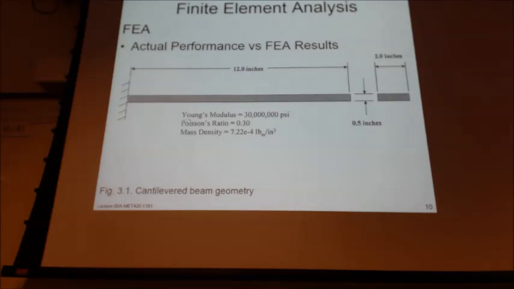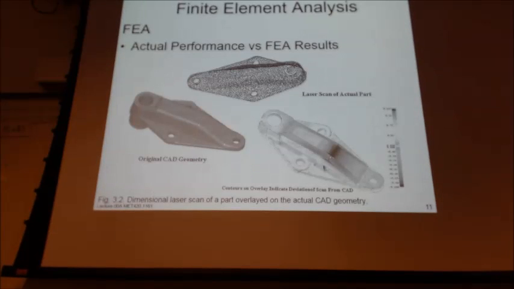So this was a simple part. If we consider a complex part, it's a little hard to tell, but on the overlay you can see that things don't match up quite well. And most of the time, on complex parts, they're going to check the dimensions where there's mating parts or interface, right?